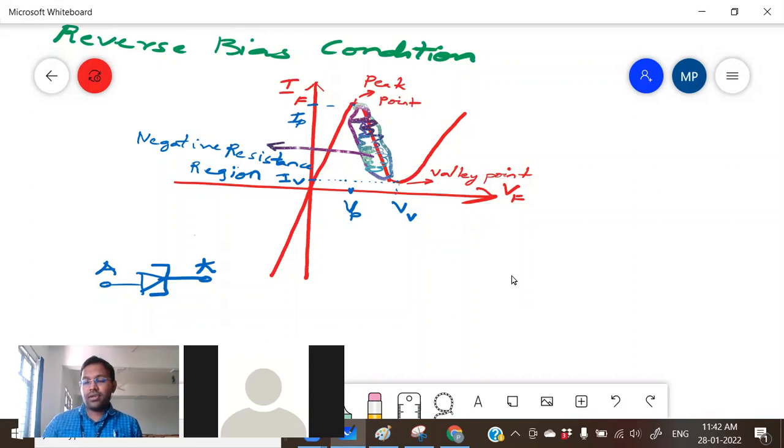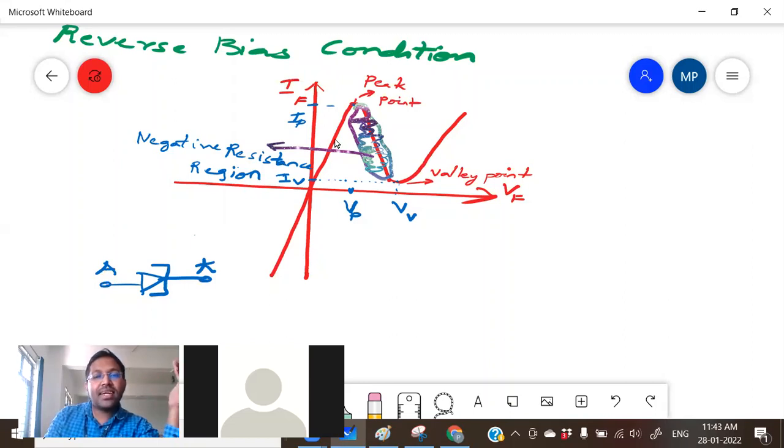Any doubts so far? I expect all of you will watch the video and go through this, and any doubts you can ask. Now, if you see the characteristics of this, basically, given a current value, you can easily shift the voltage. For example, you have a current value here and voltage is here.